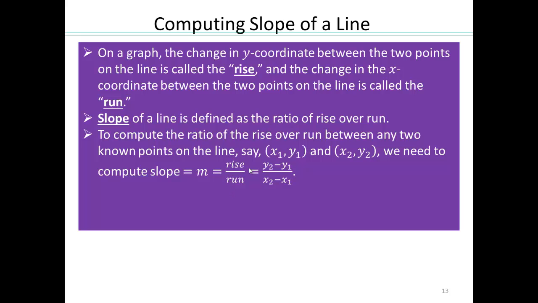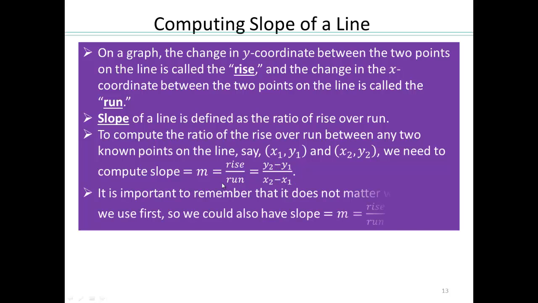So y2 minus y1 over x2 minus x1: the y coordinate of the second point minus the y coordinate of the first point, divided by the x coordinate of the second point minus the x coordinate of the first point. That will give you the ratio of rise over run.